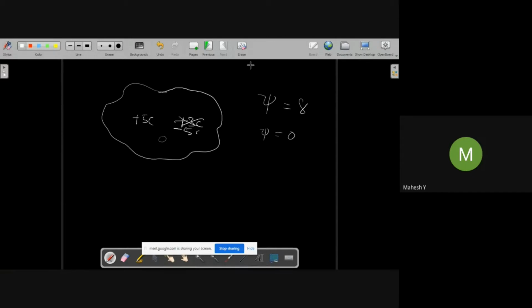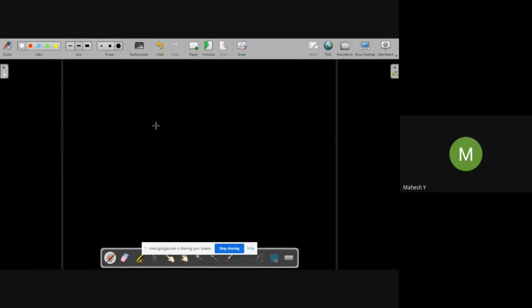But before that, we'll derive an expression for flux using the D. In the case of a sphere, it was easy because the direction of the area vector and the direction of the D vector are the same. But some cases will be there where the direction of area and the direction of D won't be the same.